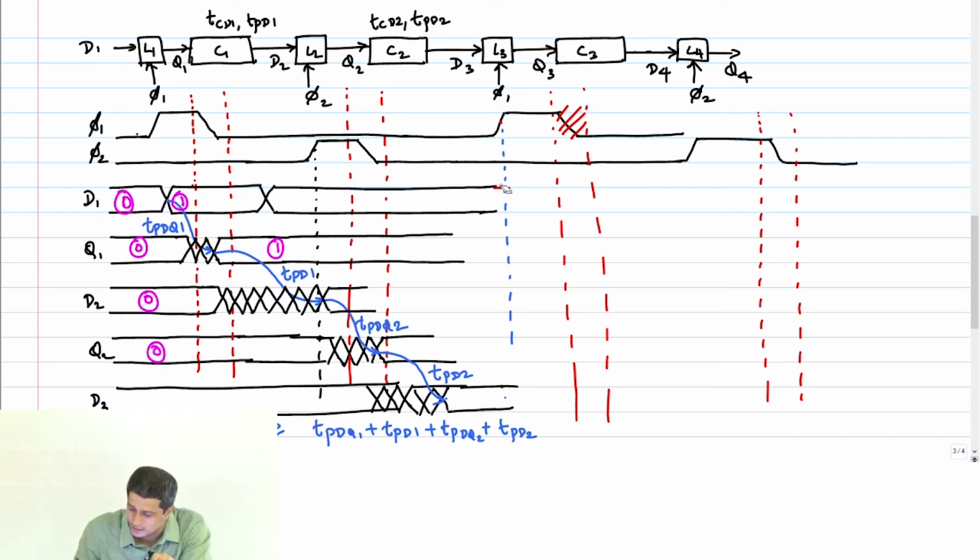So D1 has changed, and then phi1 is going high in the next cycle. What will happen? There's now going to be a clock to Q contamination delay, which is going to cause Q to change immediately, right?